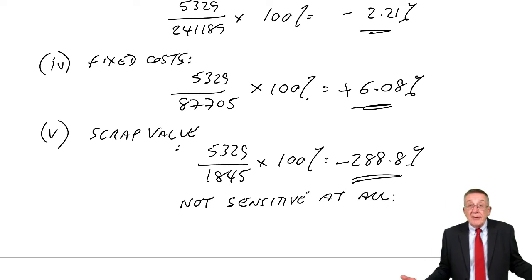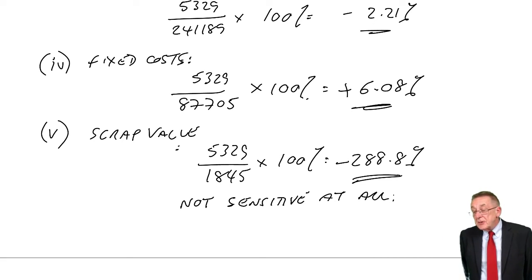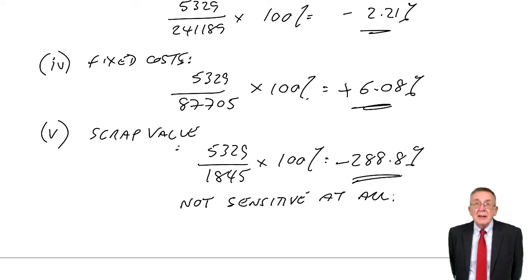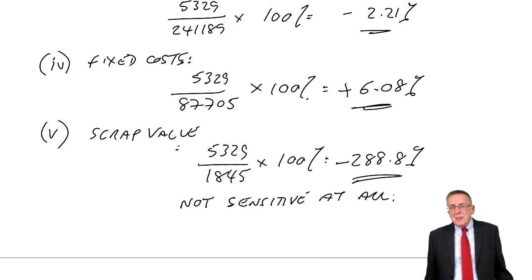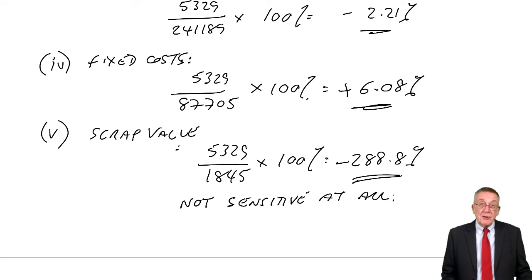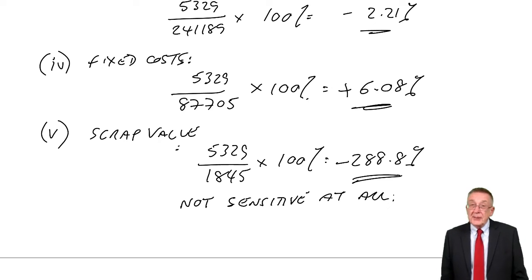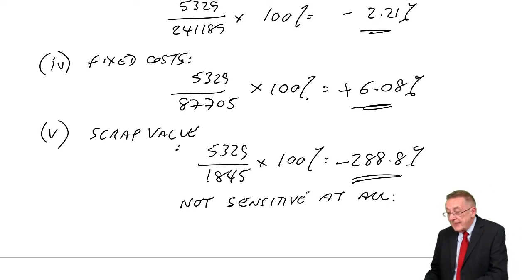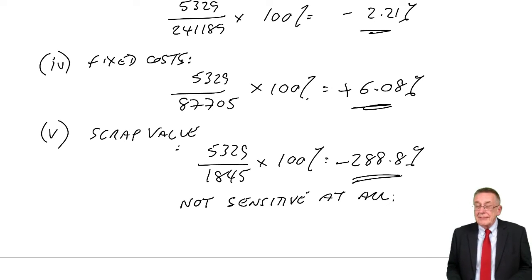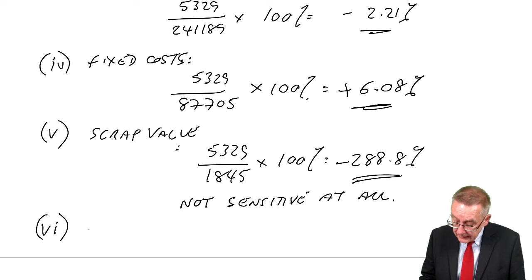Again, even if it fell to 0, we're still positive. The only time there just possibly could be a relevance is if we might end up having to pay to scrap the machine. Then the scrap value could be negative, and then there might be a relevance, but so unlikely. Finally, the only one that's different is the cost of capital.